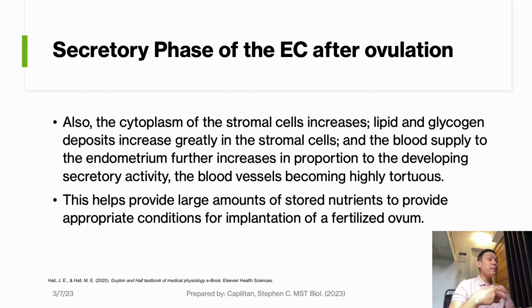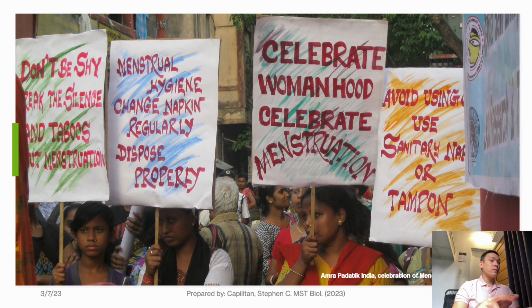Also, the cytoplasm of the stromal cells increases, lipid and glycogen deposits increase greatly in the stromal cells, and the blood supply to the endometrium further increases in proportion to the developing secretory activity, with the blood vessels becoming highly tortuous. This provides large amounts of stored nutrients to provide appropriate conditions for implantation of the fertilized ovum.